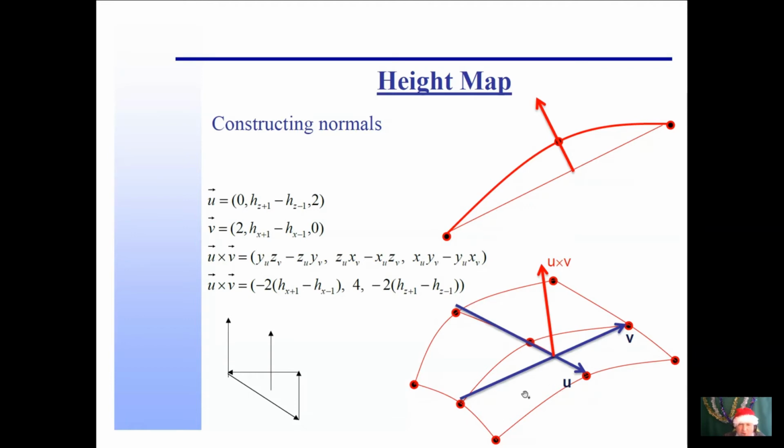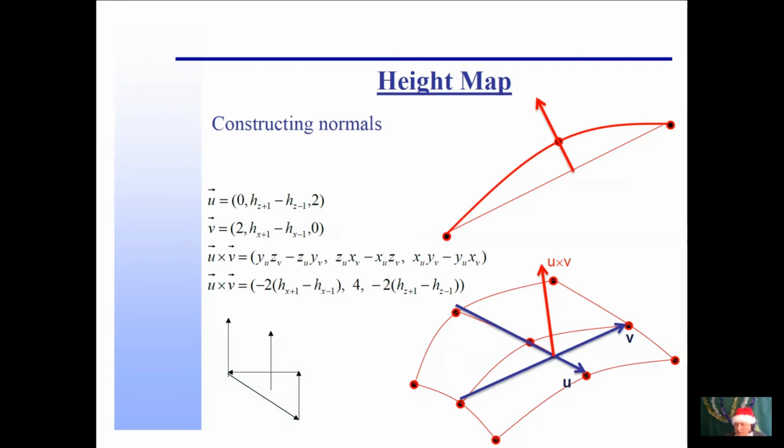Therefore, if we take these 2 vectors and calculate the cross product of these 2 vectors, we get the perpendicular to this small surface here, and this perpendicular is a very good estimation of the real normal value at this point in this mesh.